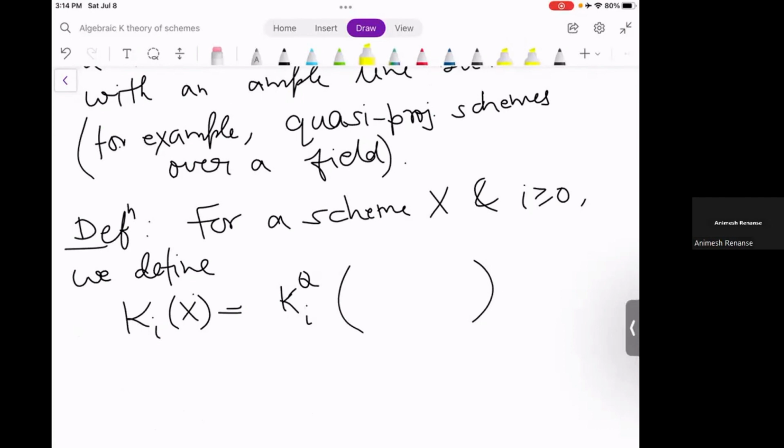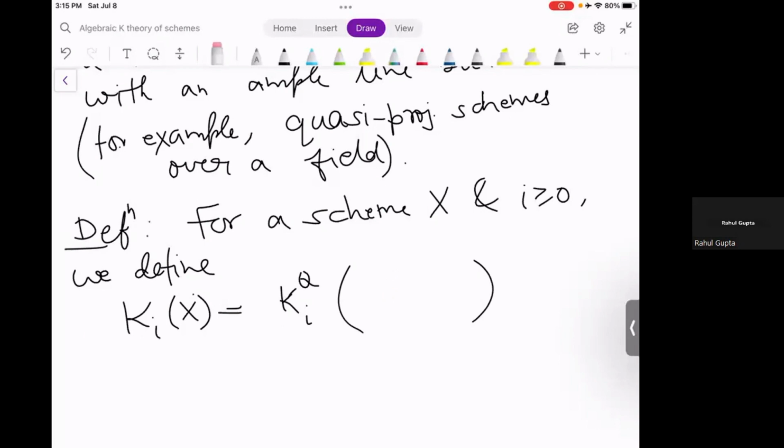Vector bundles. You might remember from your commutative algebra course that a finitely generated module is projective if and only if it is locally free. So projectiveness is kind of local freeness, and for schemes, that concept is what we call vector bundles.